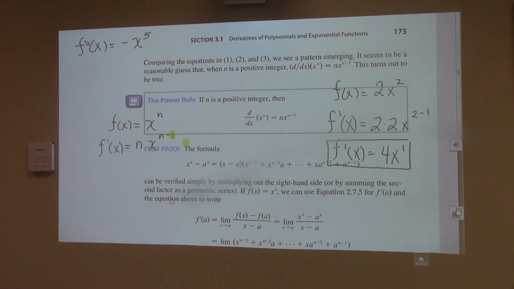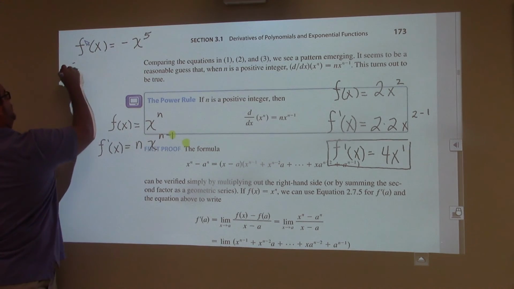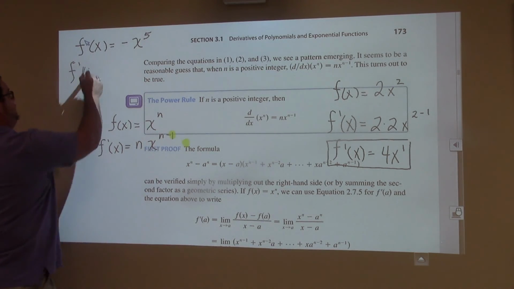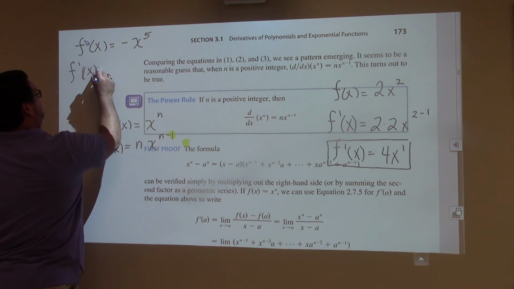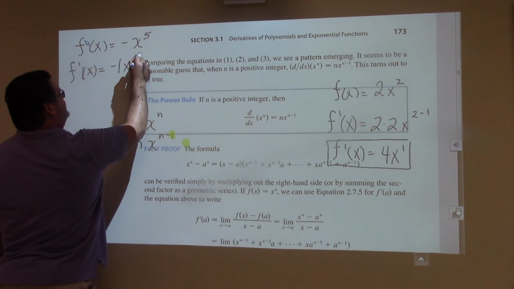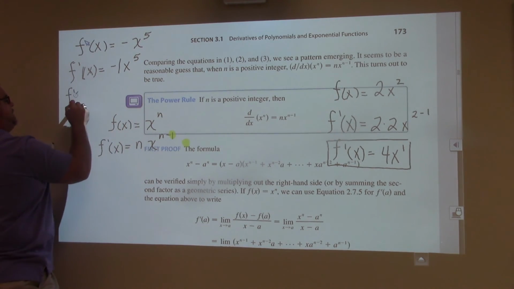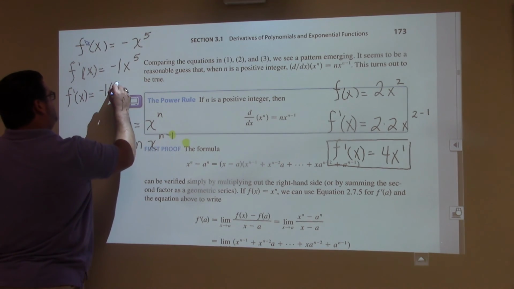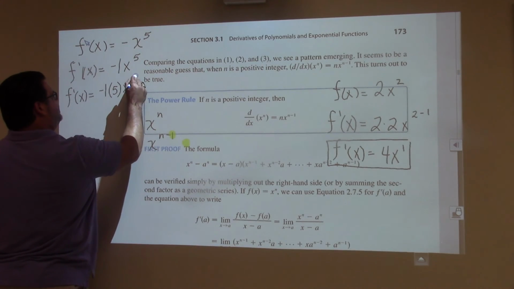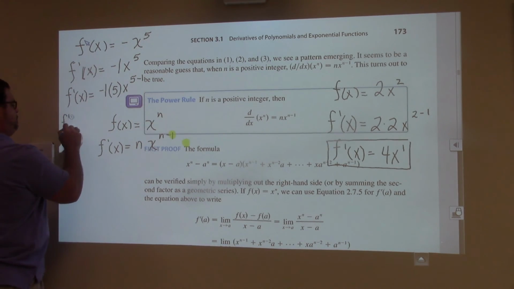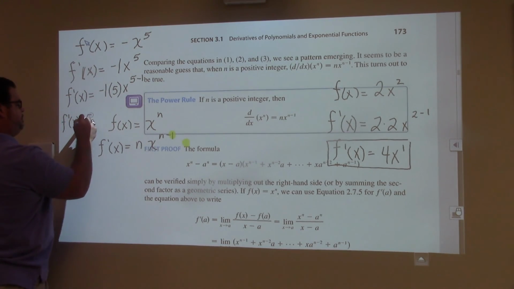Yeah, there is: f prime of x is equal to negative 1 times 5 x to the 5 minus 1. And negative 1 times 5 is negative 5. Negative 5x to the 4.